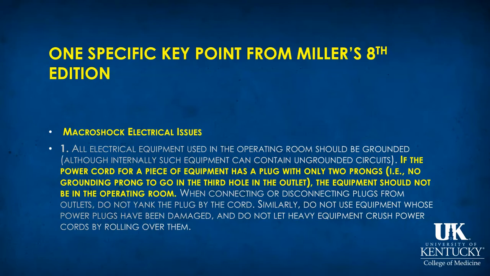Well, obviously, as you can tell from working in the operating rooms here at UK, this is not an absolute. And doubly insulated infusion pumps are used. However, some very good advice is found in the rest of this key point.